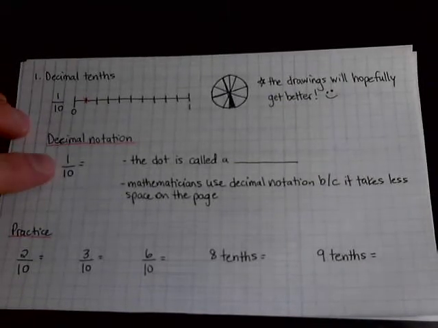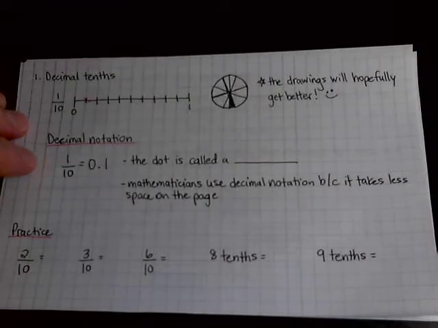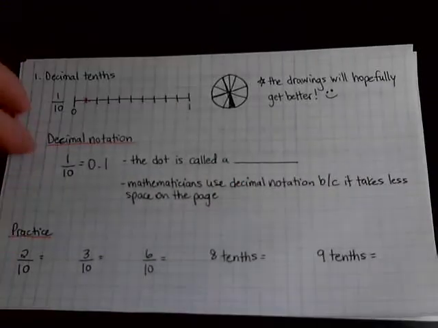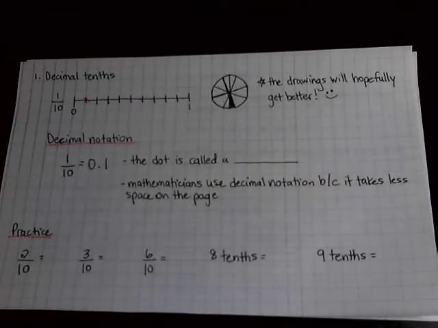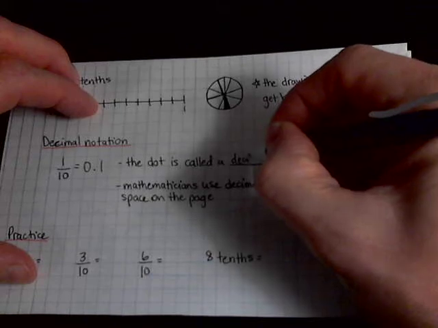So here's some decimal notation. What we can say is that 1/10 is the same as 0.1. The dot here is called a decimal point.